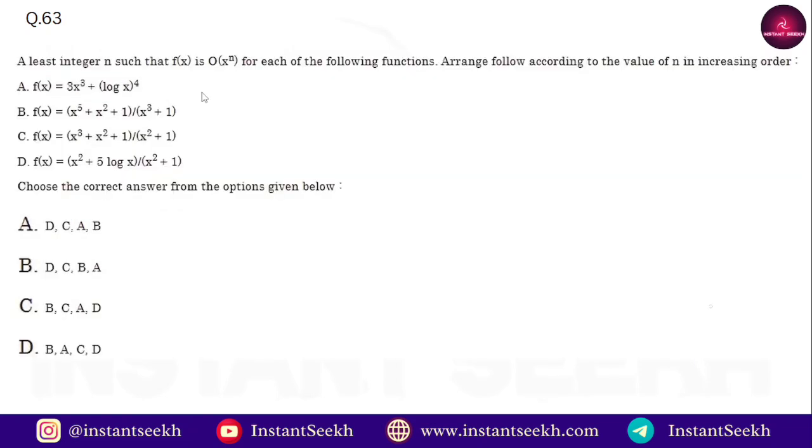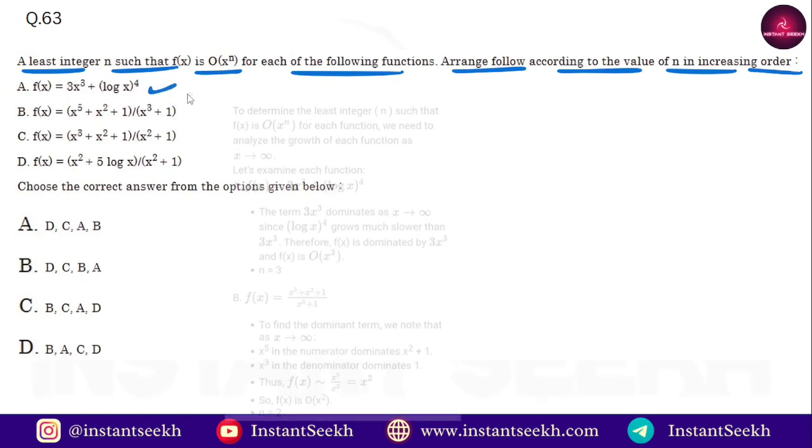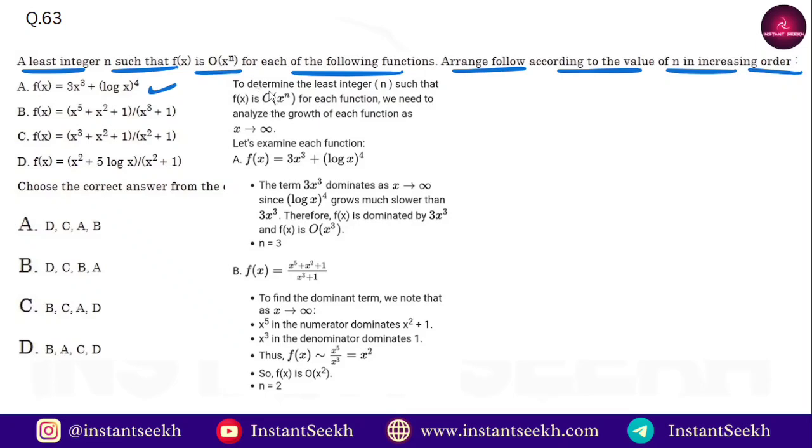Let's start with question number 63. List the least integer n such that f of x is O of x raised to n for each of the following functions. Arrange the following according to the value of n in increasing order. Let's see one by one by substituting for the value of n. To determine the least integer n, we need to analyze the growth of each function as x tends to infinity.